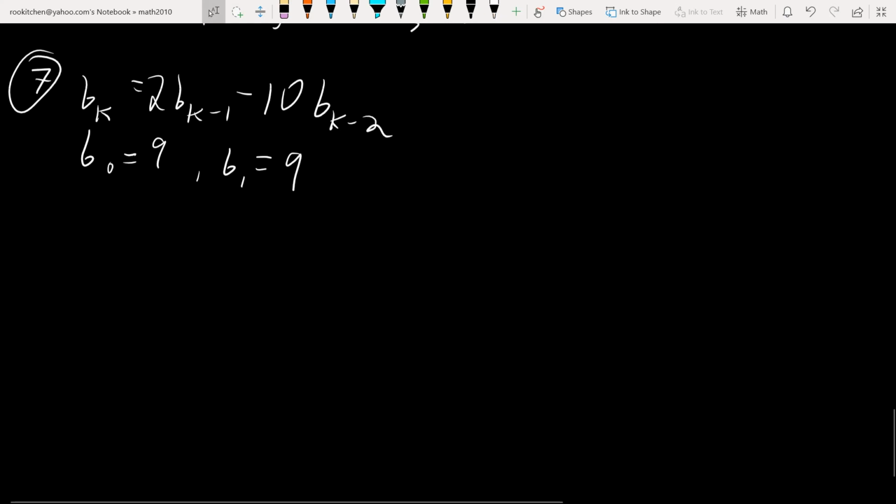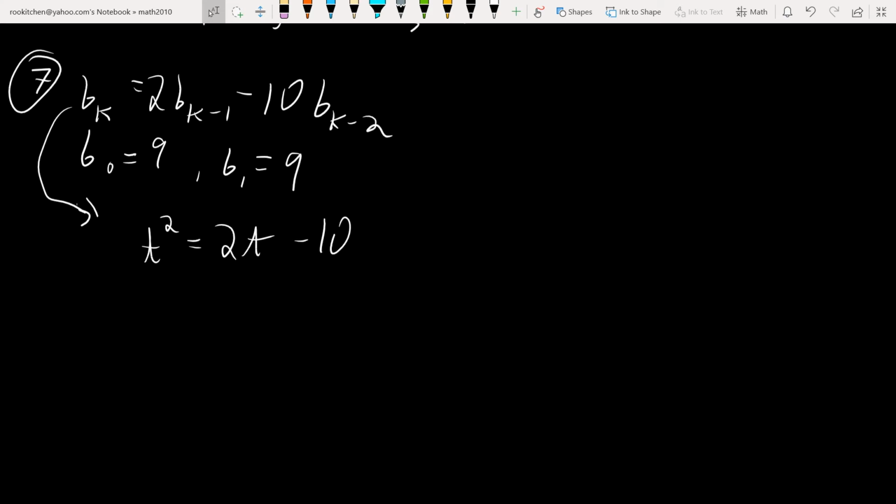All right, so again, I'm going to write my characteristic equation, which will just be t squared equals 2t minus 10. And then you set it equal to 0, t squared minus 2t plus 10 equals 0, and you fiddle around with it, and you realize there's no way I'm going to get a nice factorization, so you have to go to, guess what, the quadratic formula.